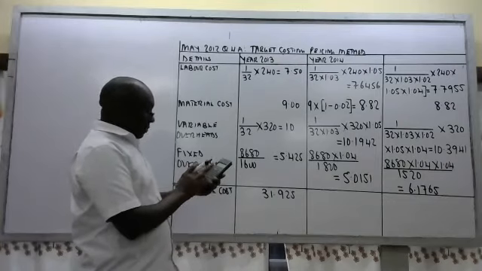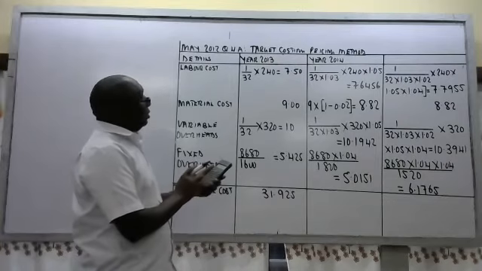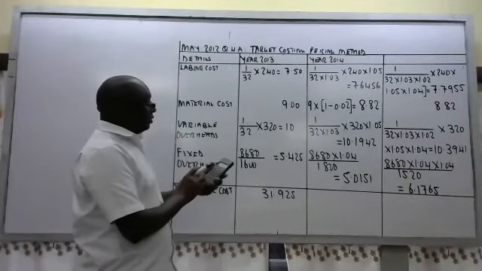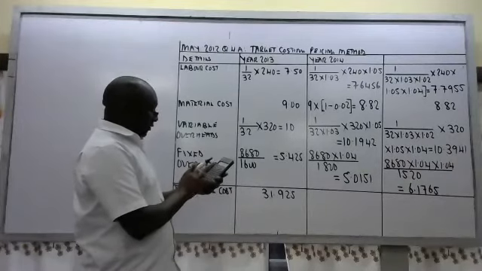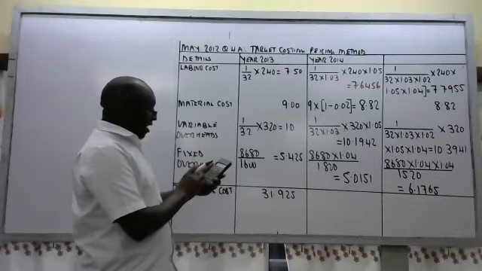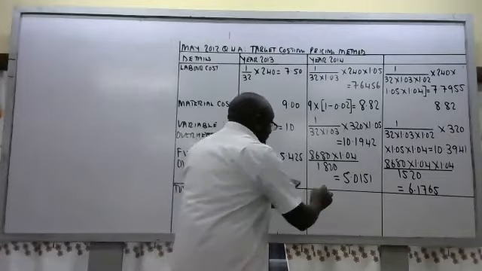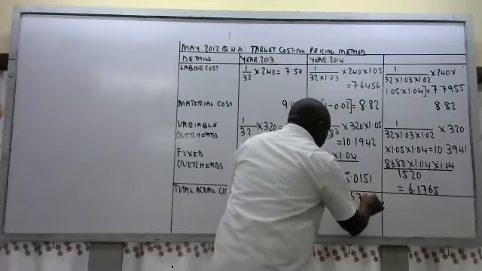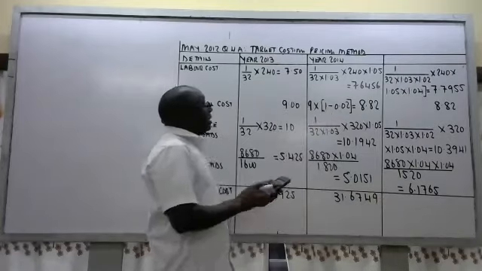I have 7.6456 plus 8.82 plus 10.1942 plus 5.0151, is that 31.6749.